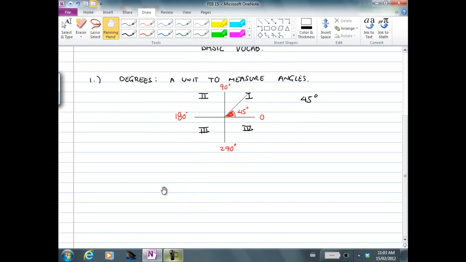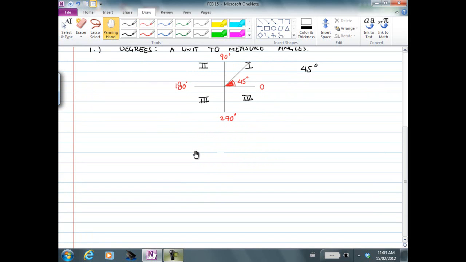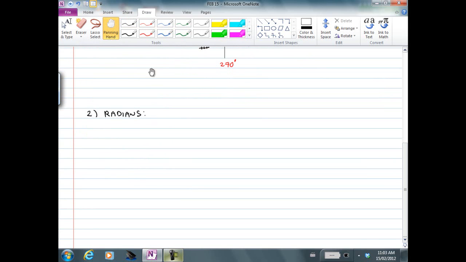That was the degrees. In grade 12, we don't use degrees anymore. Degrees is child's play. In grade 12 and senior level math, you're going to use a new term. This is called radians. Radians is another unit to measure angles.